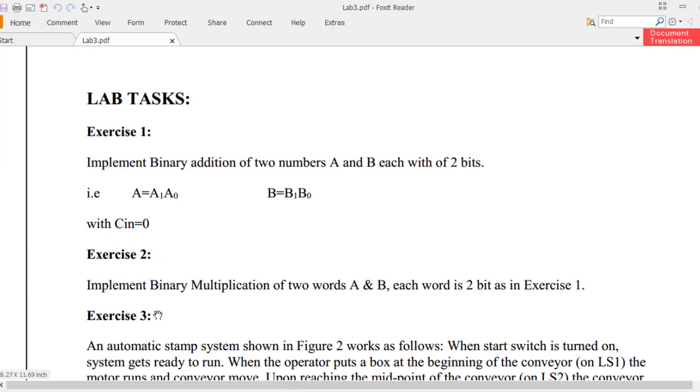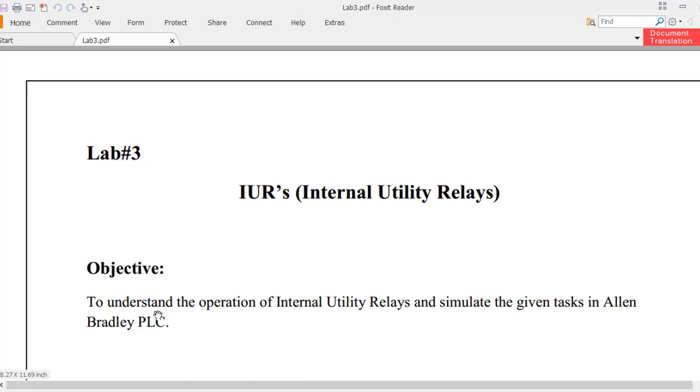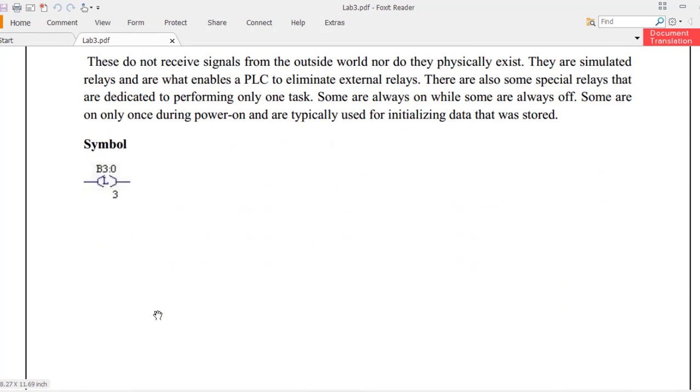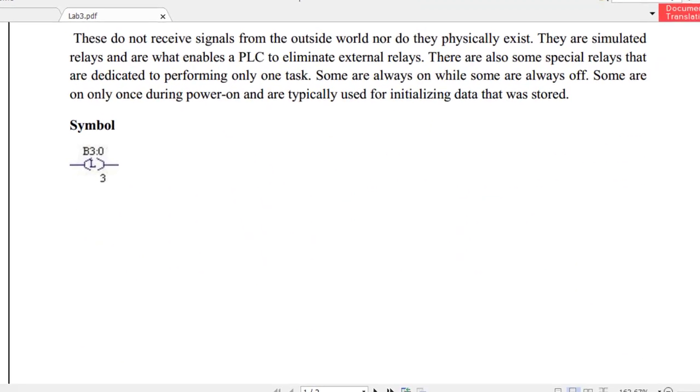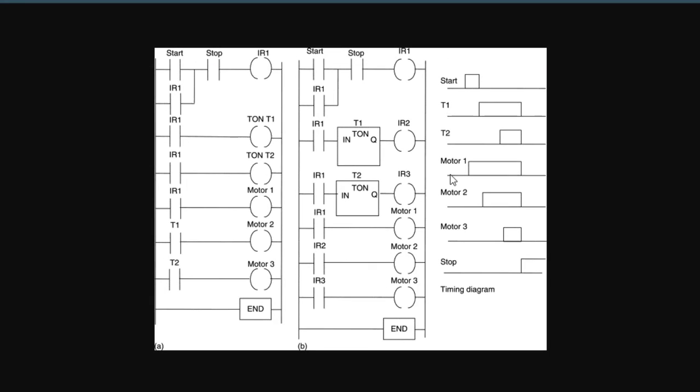So here are the lab tasks, but before we move to them, I'll explain a little more about the internal utility relays. Here's a picture in front of you. You can see a start switch and then a stop switch, and IR1 has been named as an output over here.